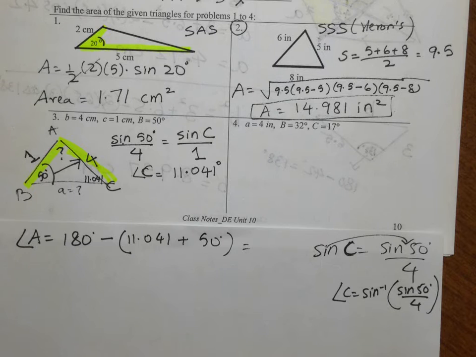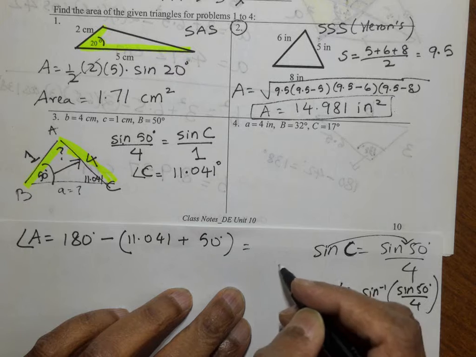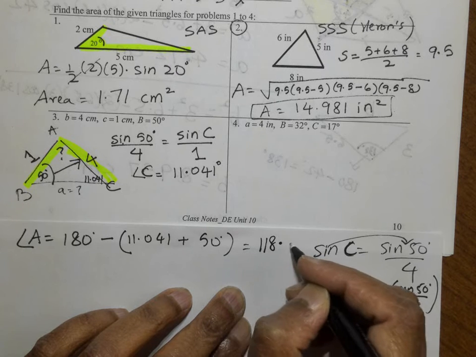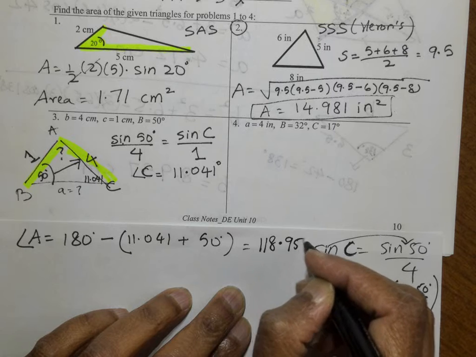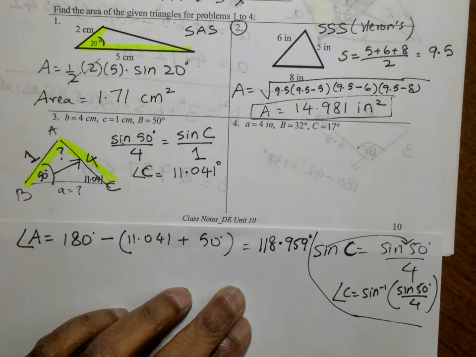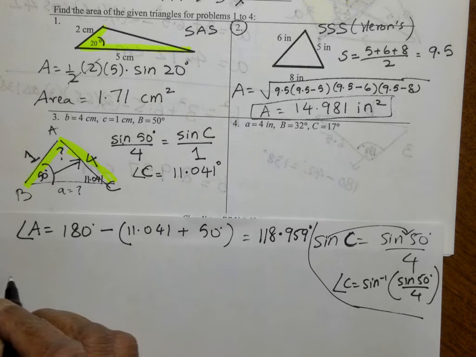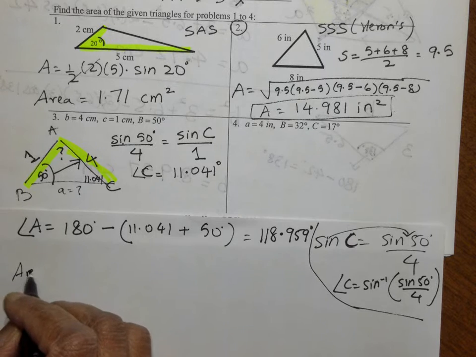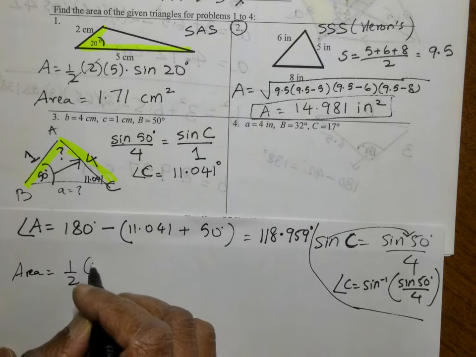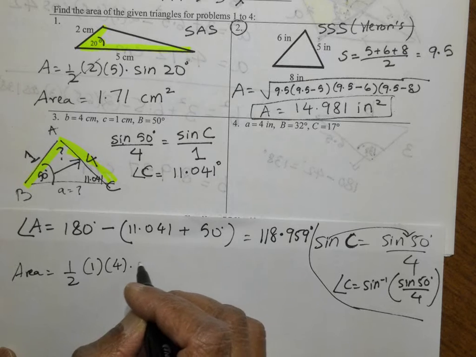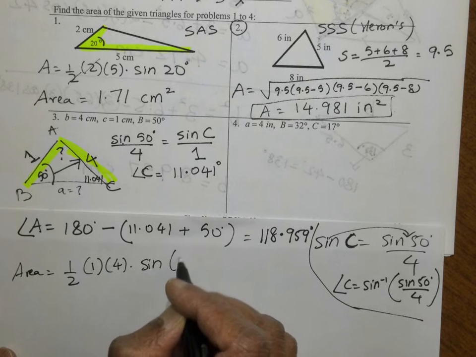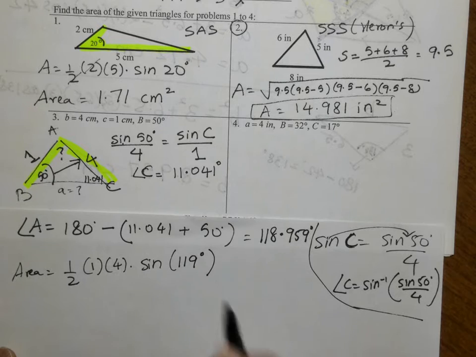Once you find angle A, you should be able to use the first formula because it's an SAS at that point. This is so close.